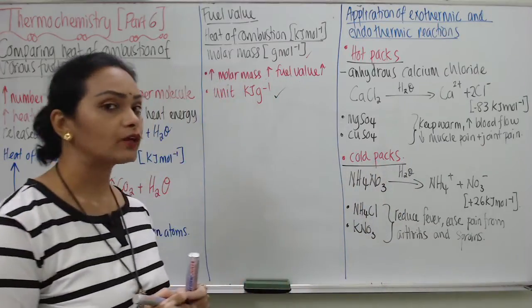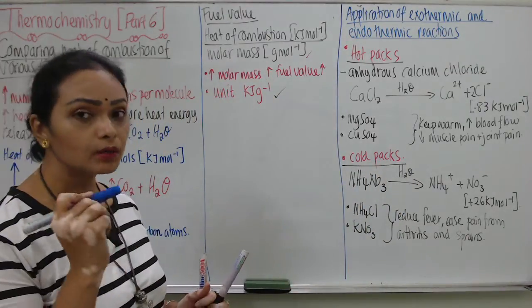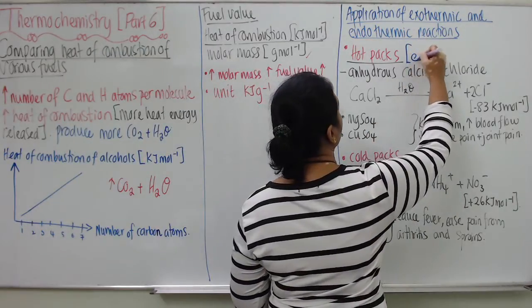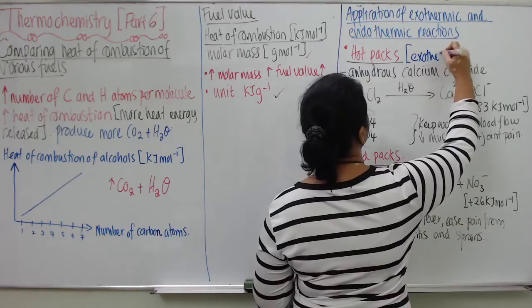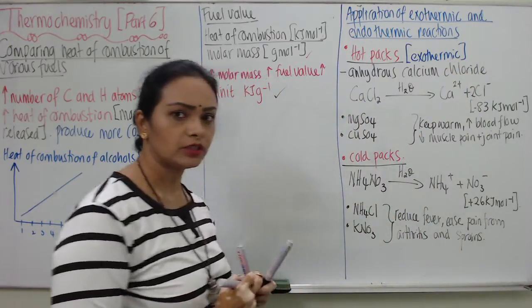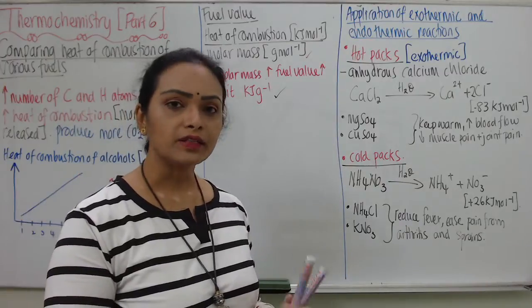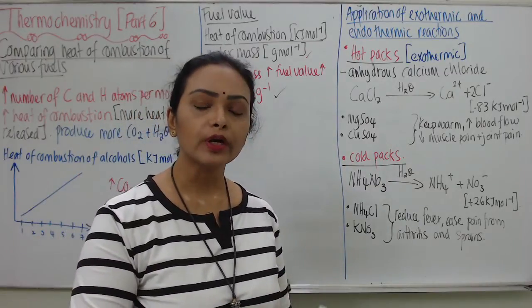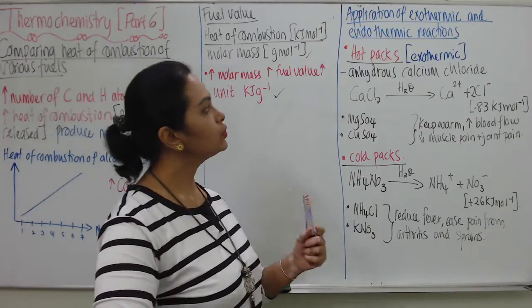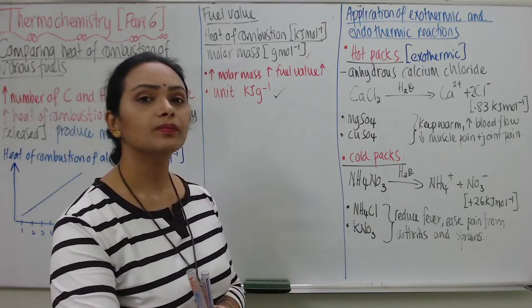So hot packs, like what students understand. The concept of hot packs is we need an exothermic reaction where a certain substance is supposed to produce heat to the surrounding. Here we use anhydrous calcium chloride.